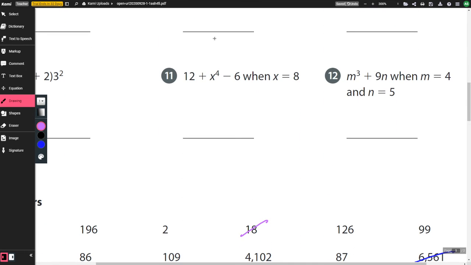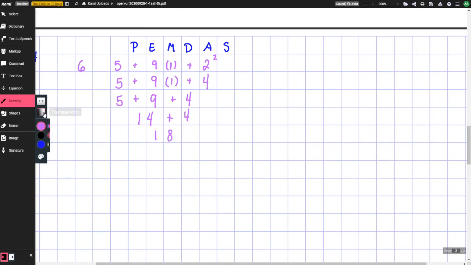Now the last one I'm going to do for you is number 11. It's one of the 2 that has a variable. I'm going to do this in another color as well. So we have number 11, and it is 12 plus x to the 4th power minus 6.